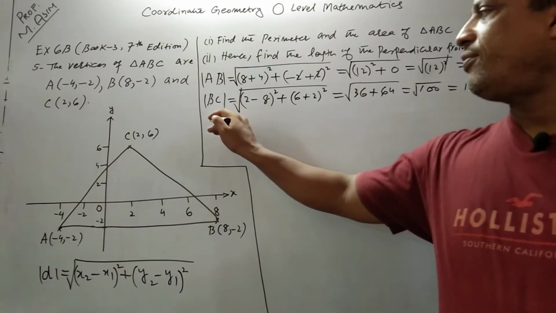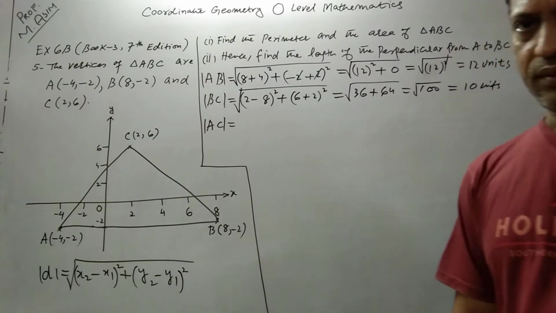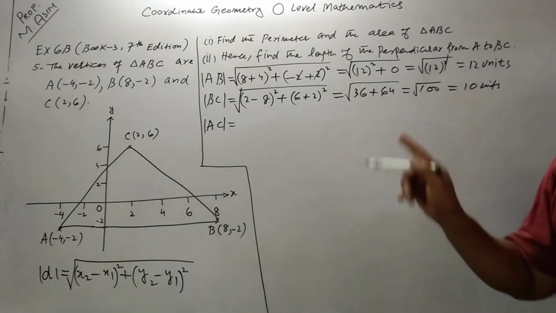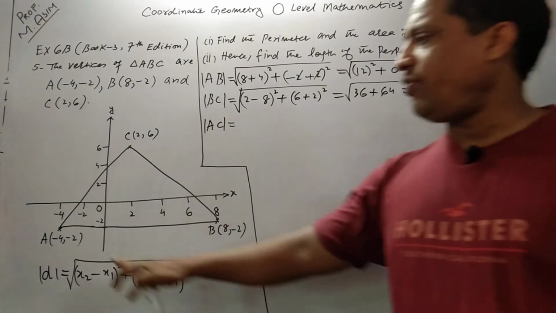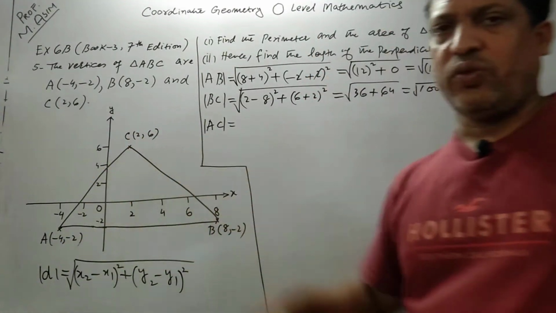Next, find the distance of AC. AC means we have to find the distance from A to C. Again, this is x1, y1, and this is x2, y2.